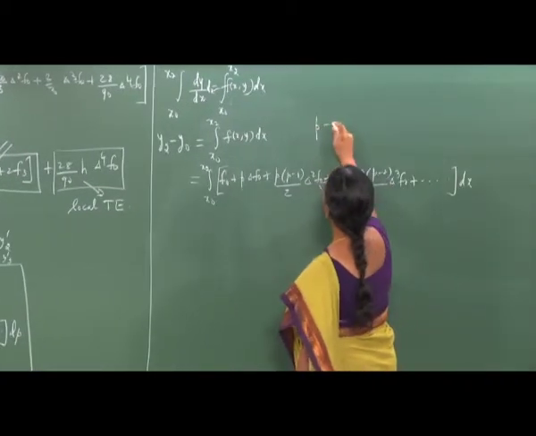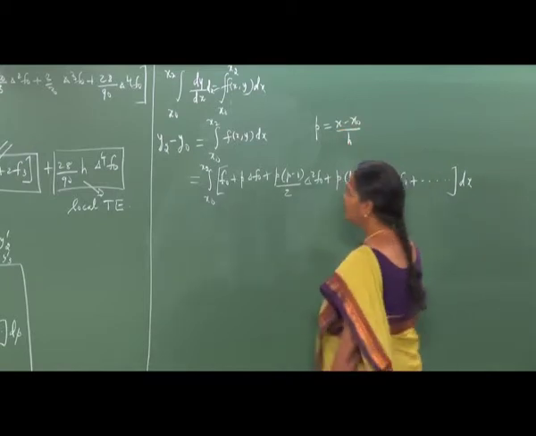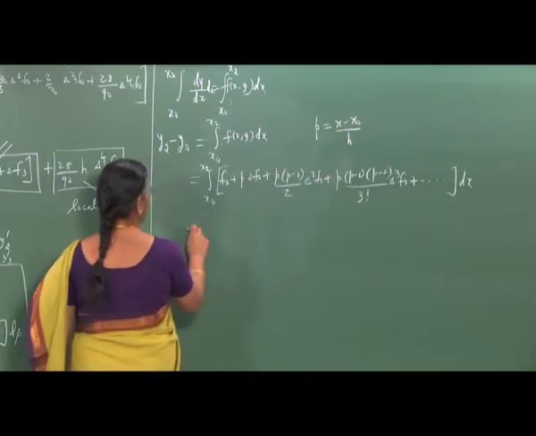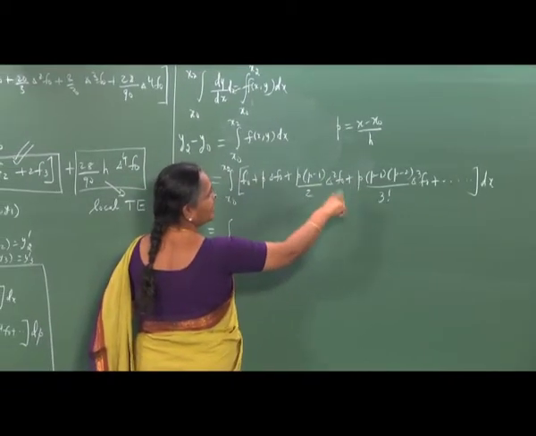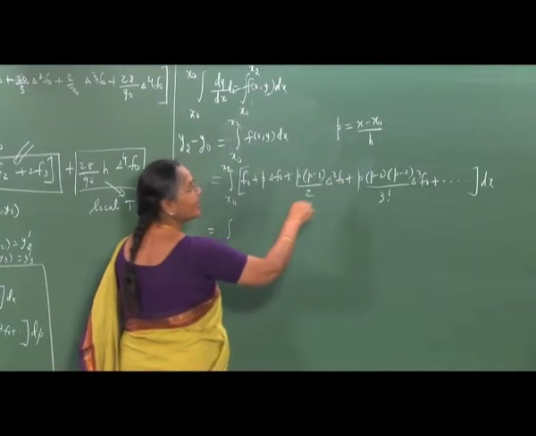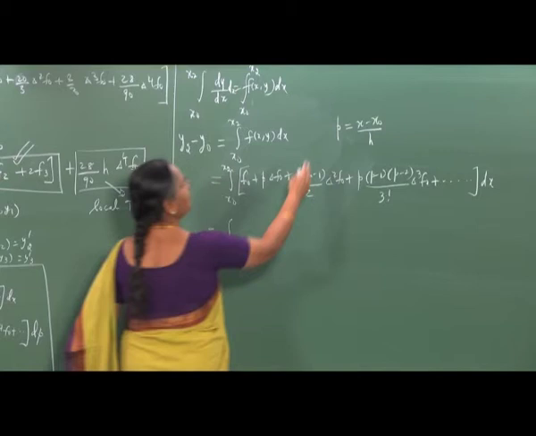Here again p is x minus x0 divided by h. So, making use of this, you can change the variable of integration, namely with respect to x can now be changed to integration with respect to p.